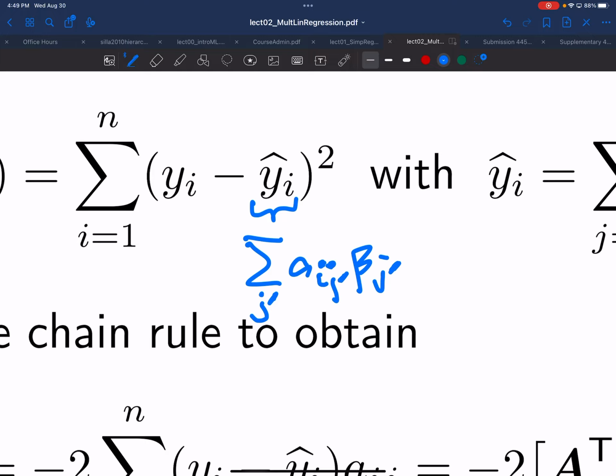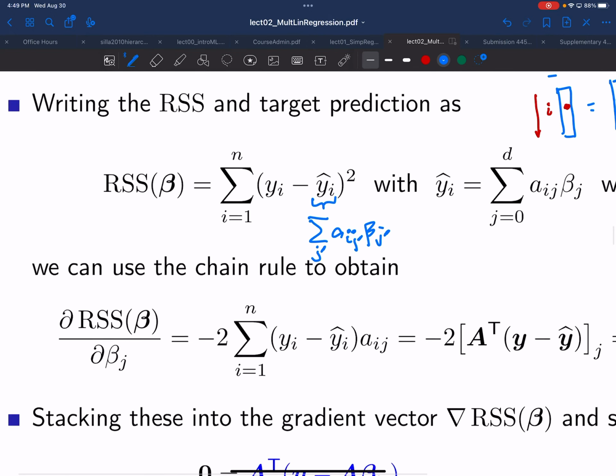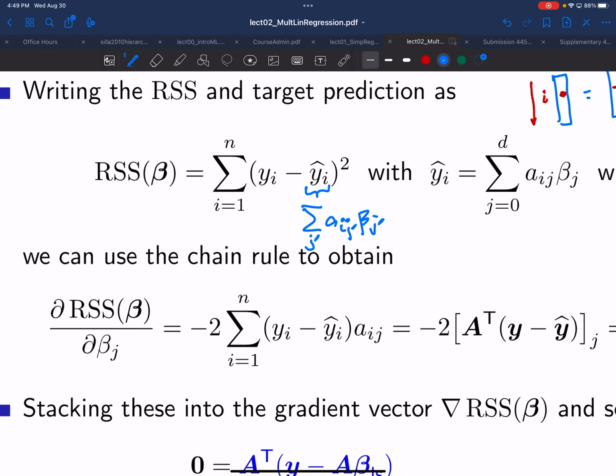Okay. So the reason I'm doing that is the following. The variable j has a very special meaning here. I've chosen j to say I want to take the derivative with respect to the jth element of beta. So j has a meaning.